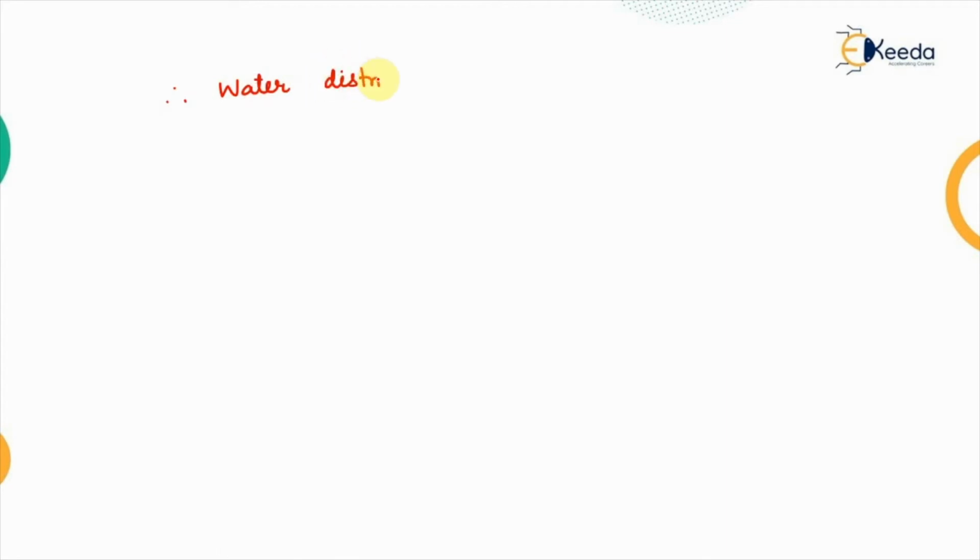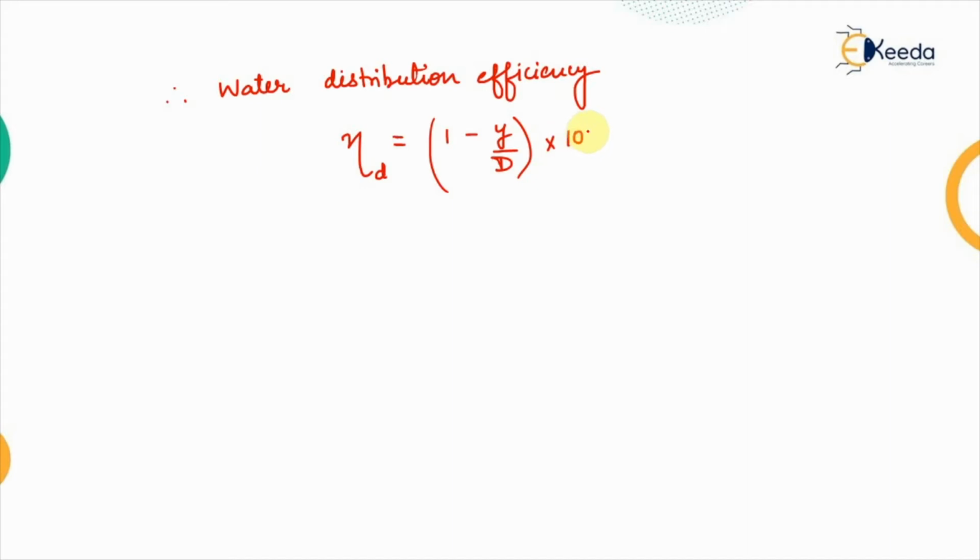Now, the water distribution efficiency is written as 1 minus y upon d, and to calculate it in percentage we multiply it by 100. So this is 1 minus 0.168 over 1.76.